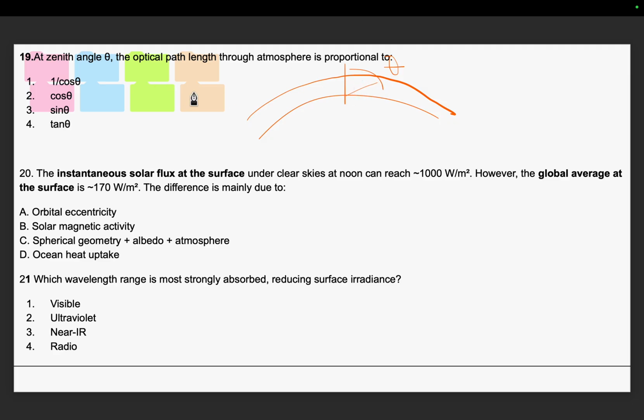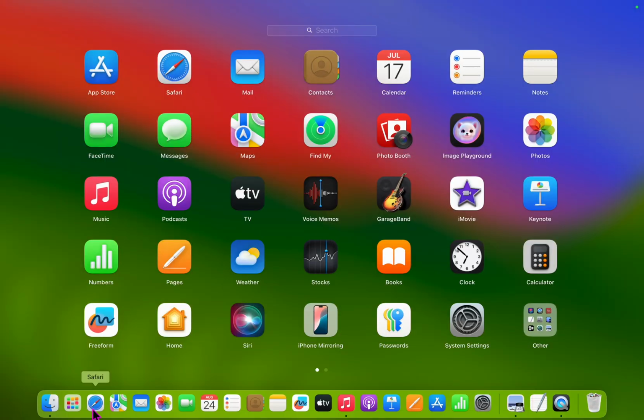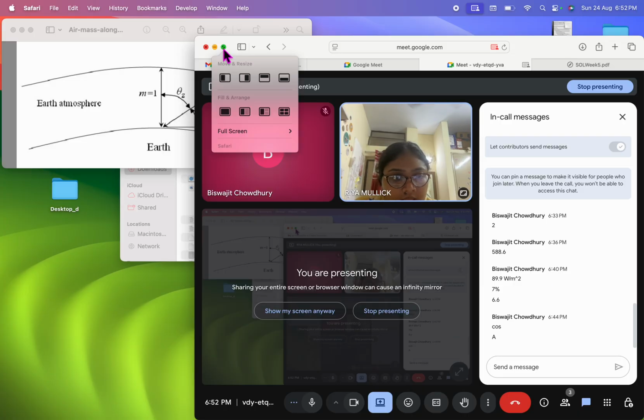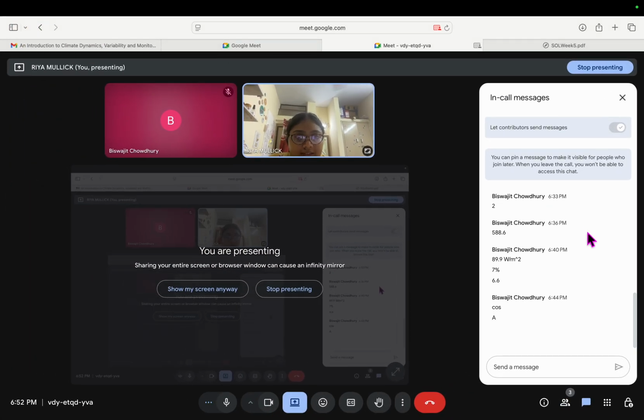Now the optical path to the atmosphere is proportional to what factor? Cos theta, 1 by cos theta, sin theta, or tan theta. You can unmute yourself or you can write in the chat box.